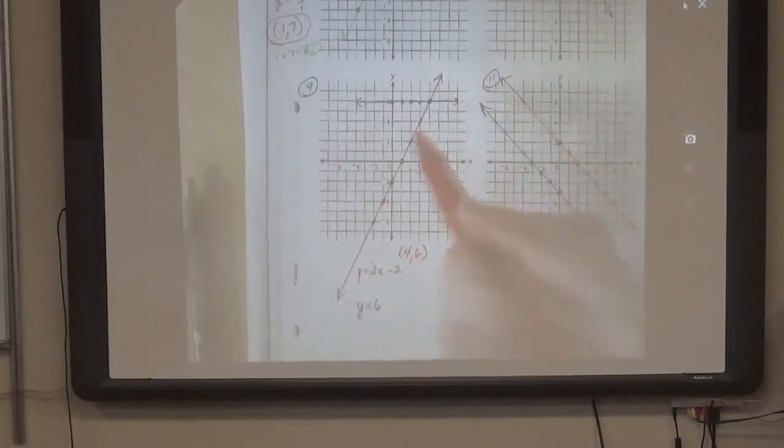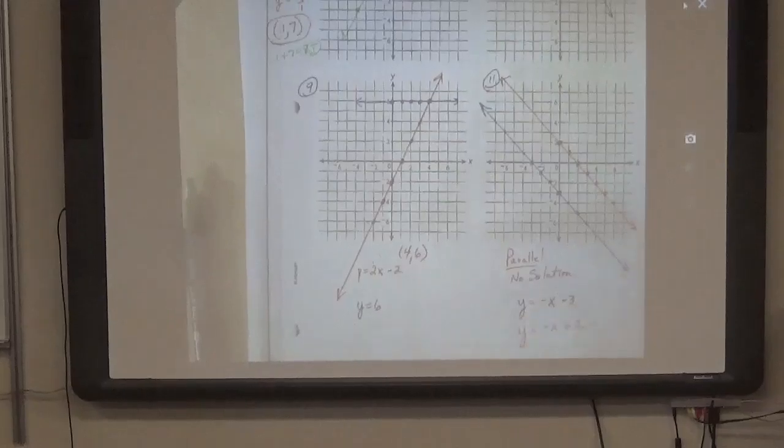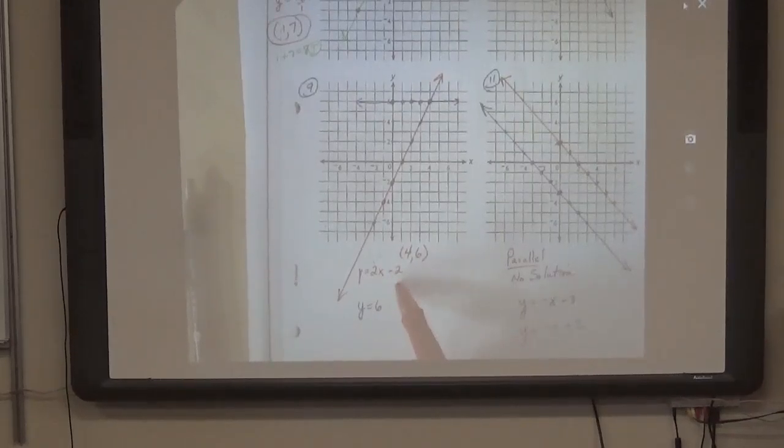And then the second equation, y equals 2x minus 2. So what is the y-intercept? Y-intercept is the number that's not next to the x. -2.